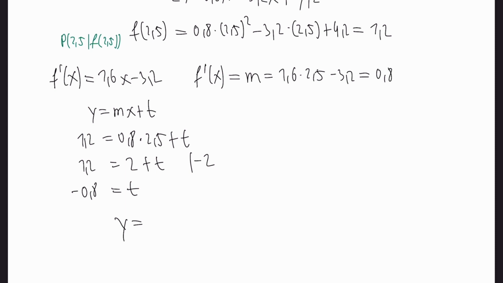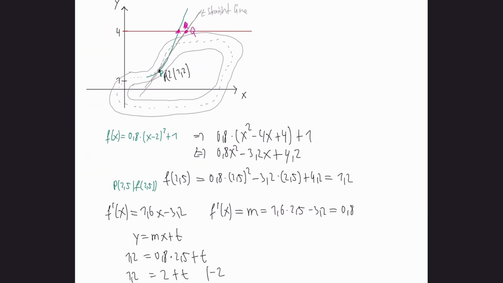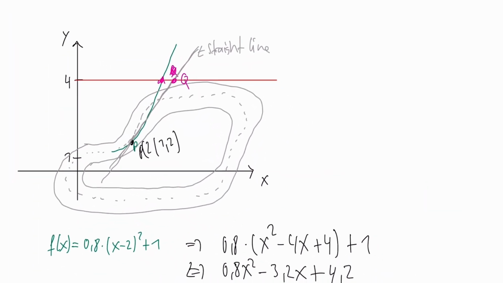And now the linear function is, with the gradient we get there, 0.8 times x minus 1.8. And now we just have to set it equal with the red line.